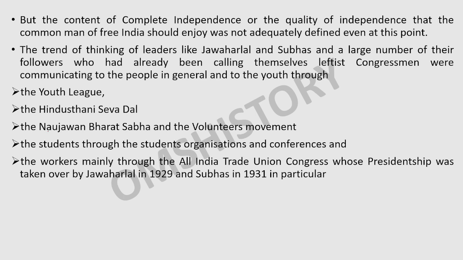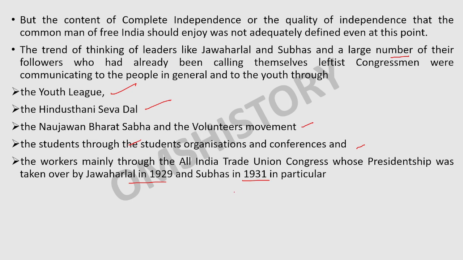The trend of thinking of leaders like Jawaharlal Nehru, Subhash Chandra Bose, and a large number of their followers who had already been calling themselves leftist Congressmen was communicated to the people in general and to the youth through different organizations like the Youth League, the Hindustani Seva Dal, the Naujawan Bharat Sabha and the volunteers movement, the students through student organizations and conferences, and the workers mainly through the All India Trade Union Congress, whose presidency was taken up by Jawaharlal Nehru in 1929 and Subhash Chandra Bose in 1931.